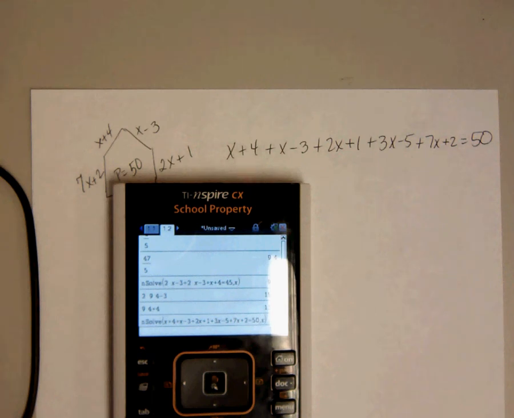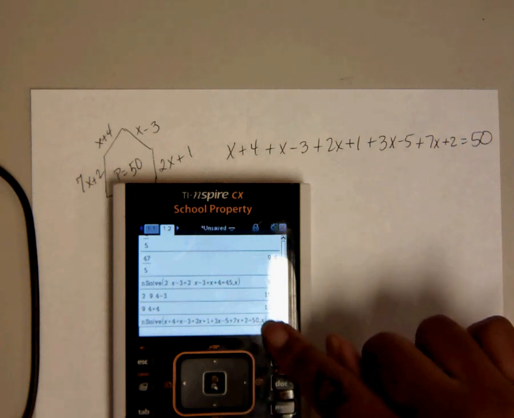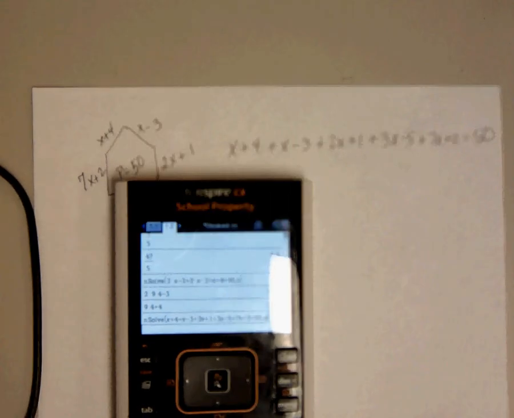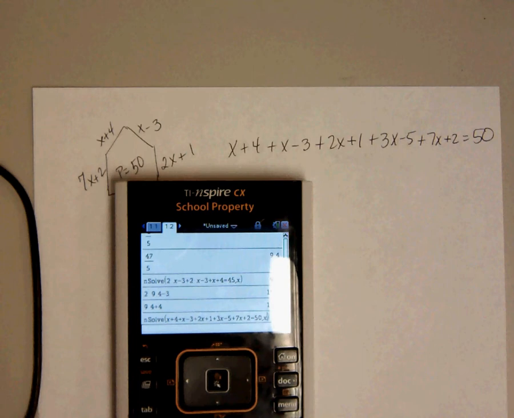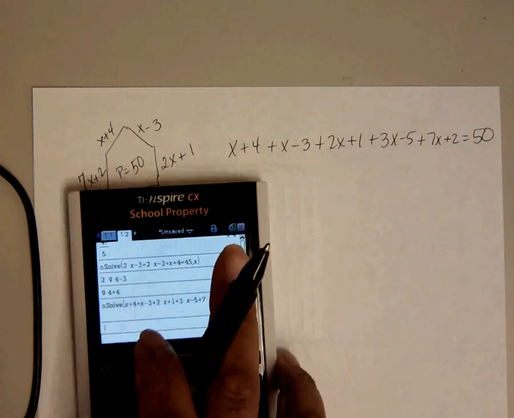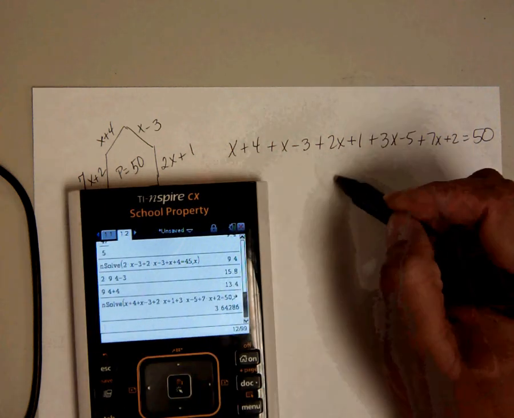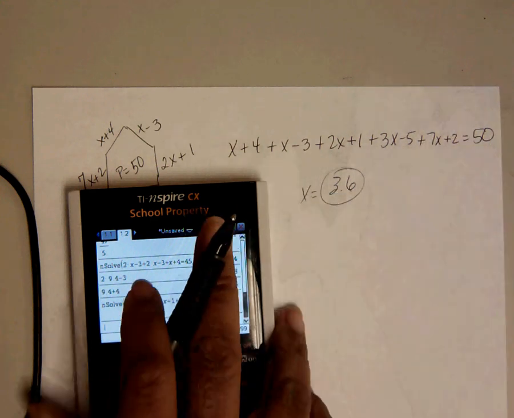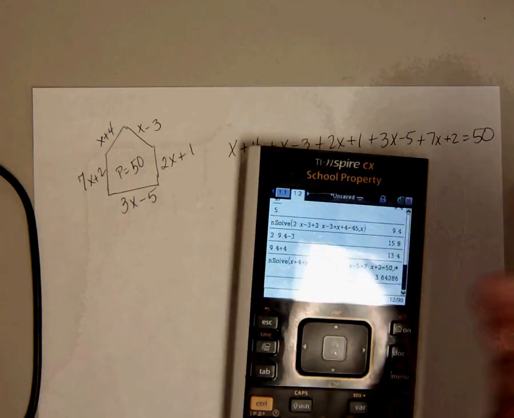So in class, if you're not using x and you're using w or k or a or b, make sure you put comma and that letter. It's not always x. I'm going to fix the focus. Okay, and then enter. So this is my answer. And I can round that to about 3.6 if I round to the nearest tenth. So x is 3.6.